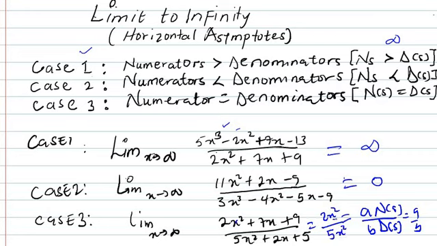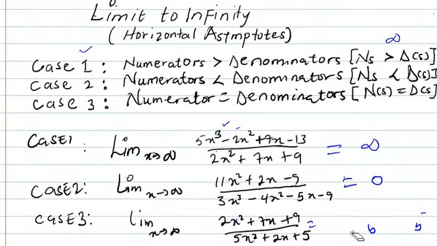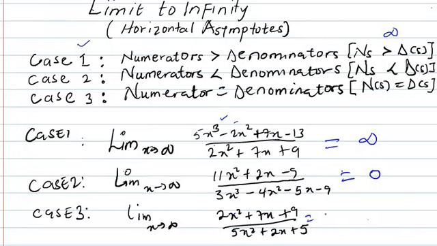So they share the same degree of x: here we have a square, here we have a square, so they are the same. So you just take the coefficients. Since the highest degree is the same, the answer is going to be 2 over 5, as we take the coefficients of the highest power. This is how to get the limit to infinity.